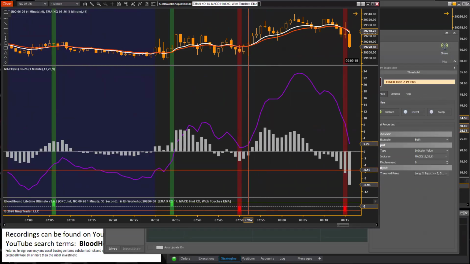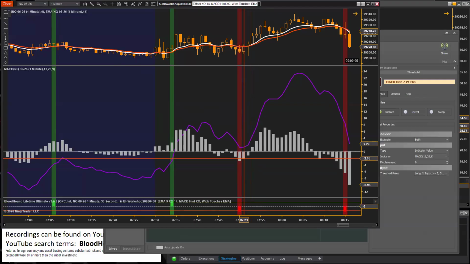All right, so I think we can take this signal here as something to work with. So here at 7:50, we have the histogram. So I'm going to go with the histogram.